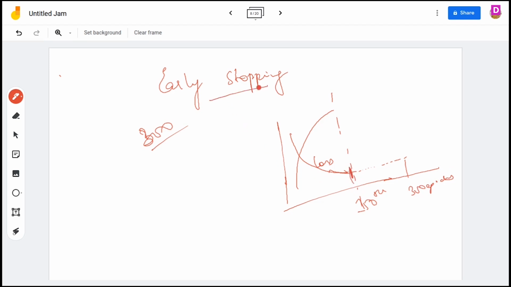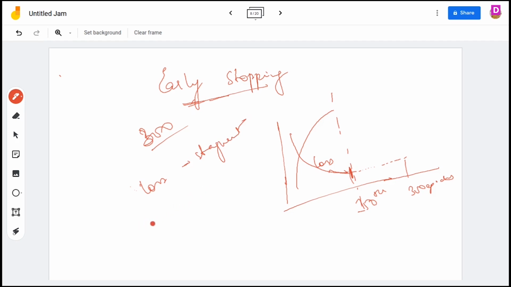So what early stopping does, and this also helps with overfitting of data, obviously, is that there are a lot of metrics in early stopping, but one of the things is you can decide where you want to stop. Let's say when the difference in loss between epochs is stagnant. How can you find where your loss is stagnant?